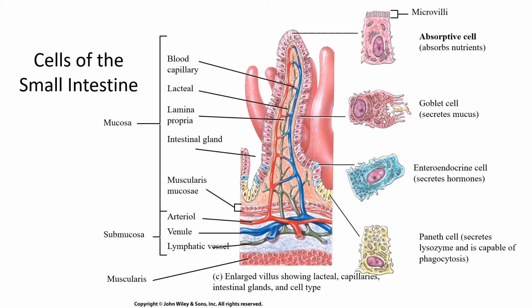Incidentally, whenever you see entero, that means having to do with the gut, having to do with the digestive tract. And then we have Paneth cells that produce lysozyme. And lysozyme is an enzyme I've discussed already that breaks down peptidoglycan in the walls of bacteria. These cells are also capable of phagocytosis. They can engulf bacteria and destroy them.